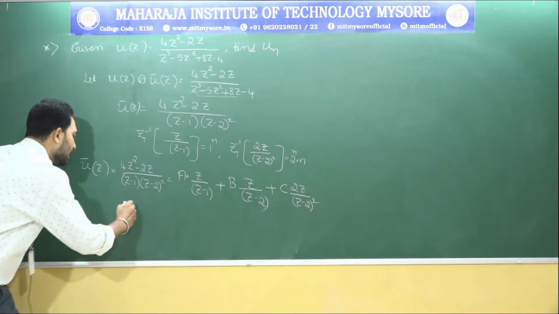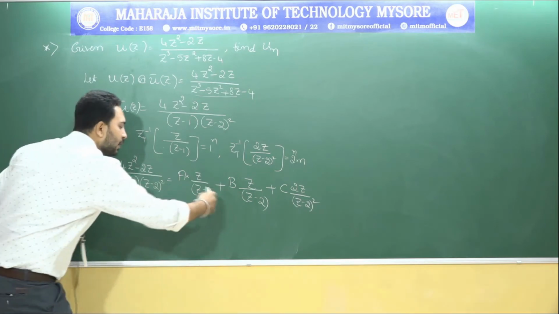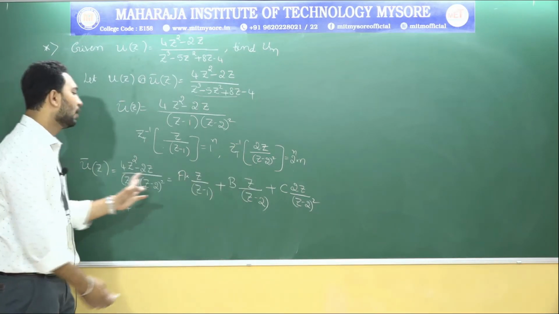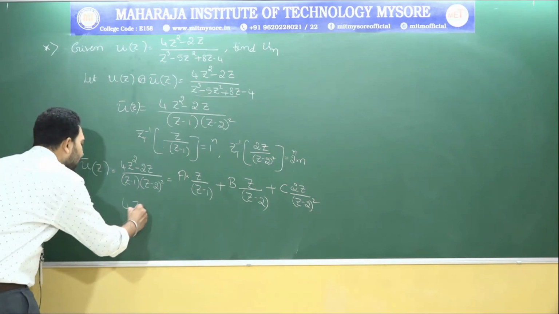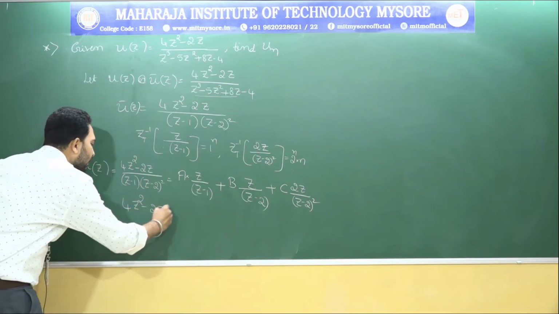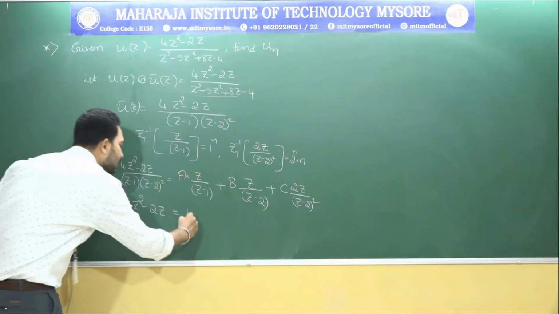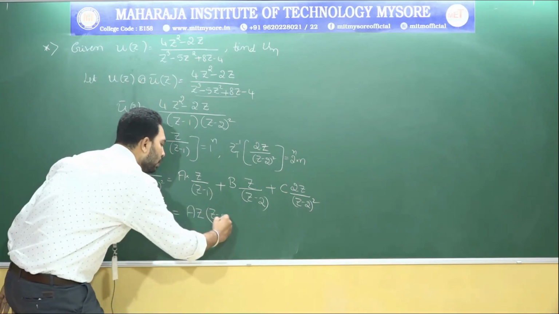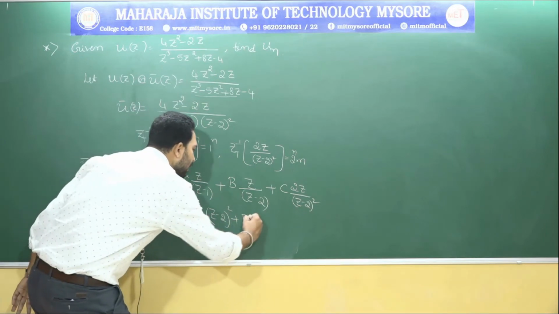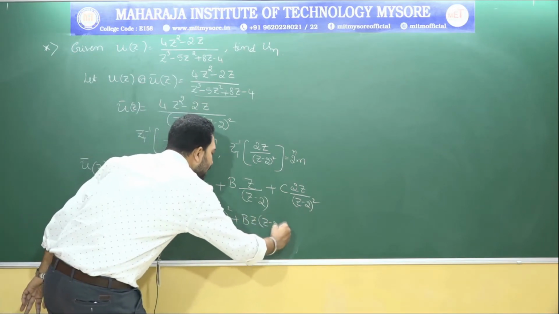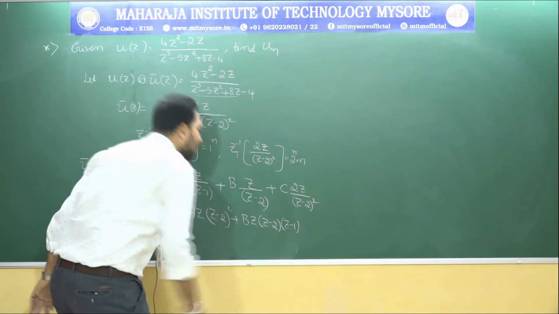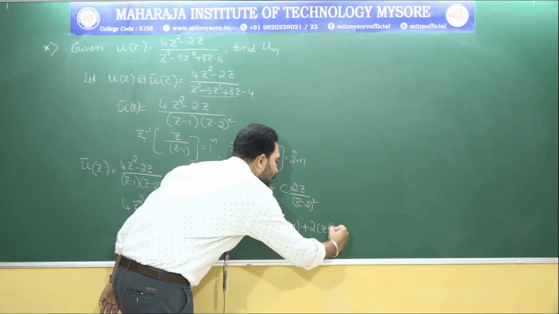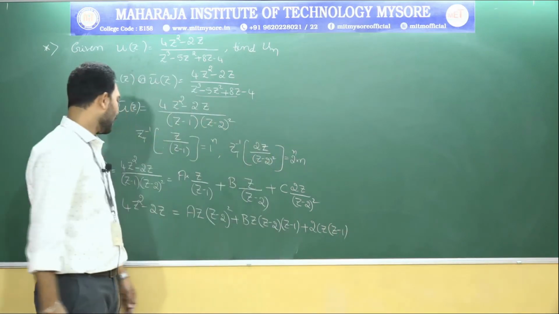Then take LCM, and LCM will be z minus 1 into z minus 2 whole square. Here also we have z minus 1 into z minus 2 whole square, this will get cancelled. We'll get 4z square minus 2z equals a z into z minus 2 whole square plus b z into z minus 2 into z minus 1 plus 2cz into z minus 1.